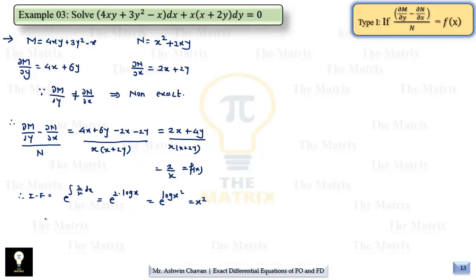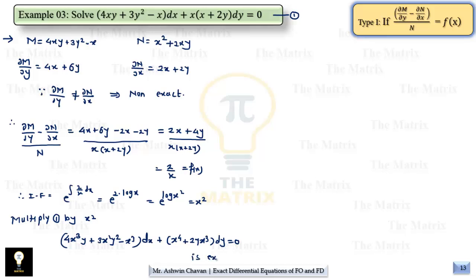If you multiply equation 1 by x square, we get an exact differential equation. So multiply 1 by x square. We get (4x cube y plus 3x square y square minus x cube) dx plus (x raised to 4 plus 2y x cube) dy is equal to 0.